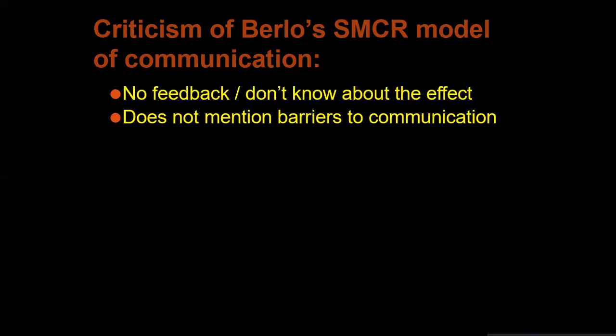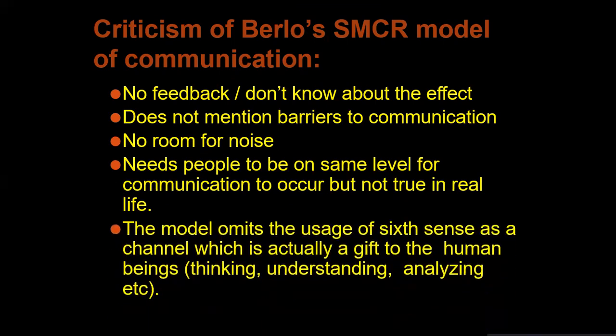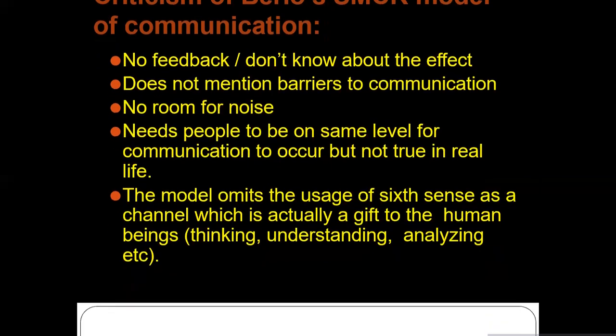And number three, no room for noise. It needs people to be on the same level for communication to occur, but that is not true in real life. The model omits the use of the sixth sense as a channel, which is actually a gift to human beings: thinking, understanding, analyzing, etc.